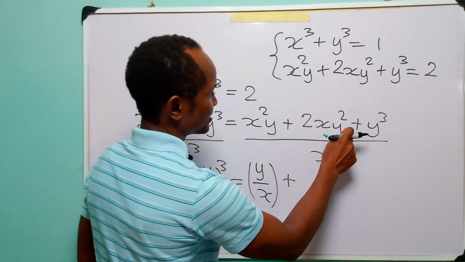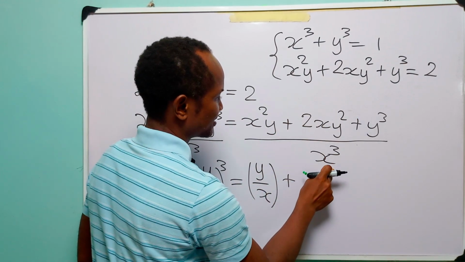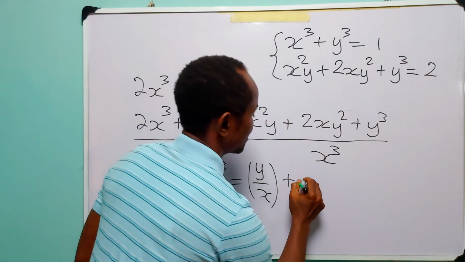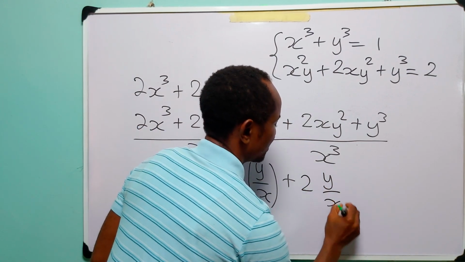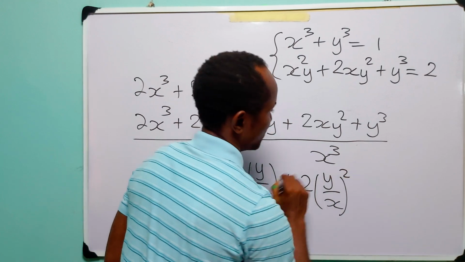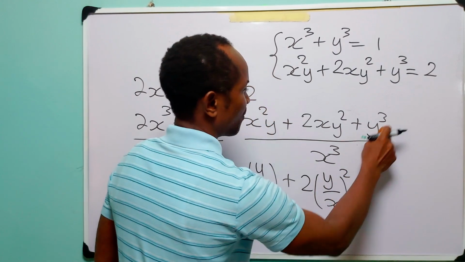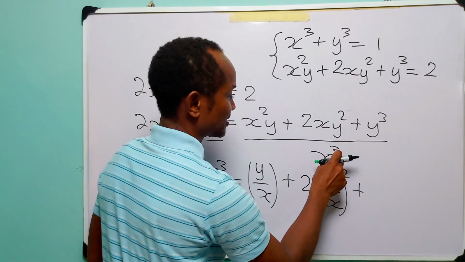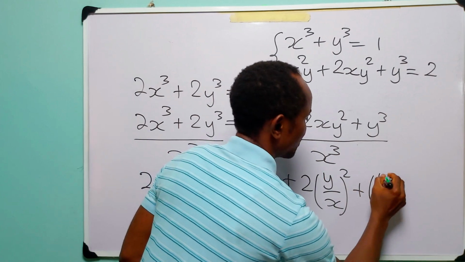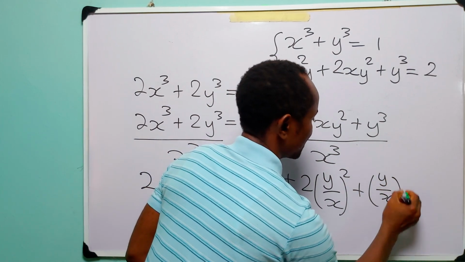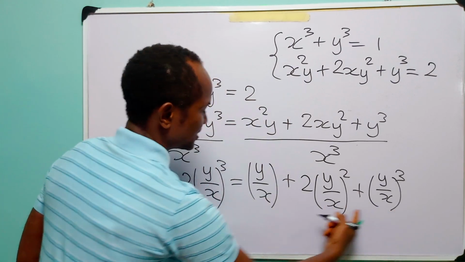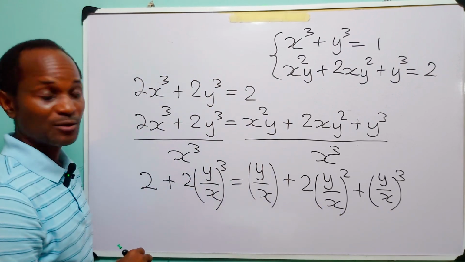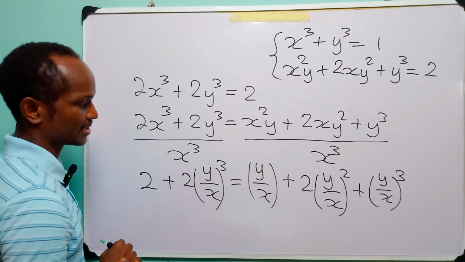Next, 2xy squared divided by x cubed is going to give us 2 times y over x squared. And lastly, y cubed divided by x cubed is going to give us y over x cubed. Now you can see that this equation is an equation in y over x.